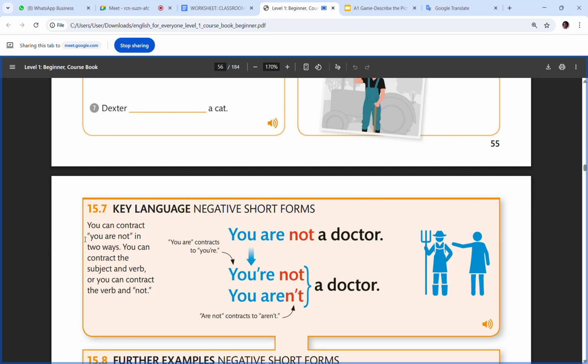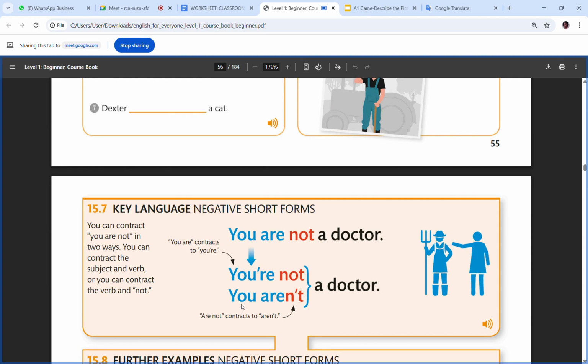So here you can see that you can contract you are not. Can you see? You are not becomes you're not. Can you see the apostrophe? This sign here is called an apostrophe. So you place the apostrophe after you, right?